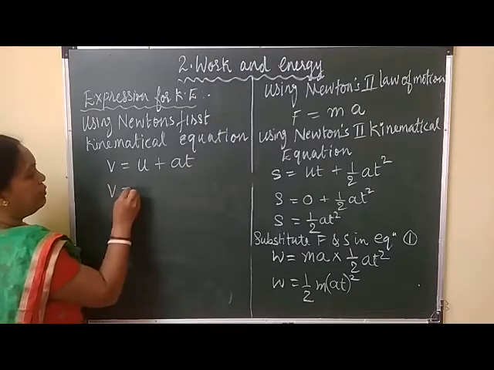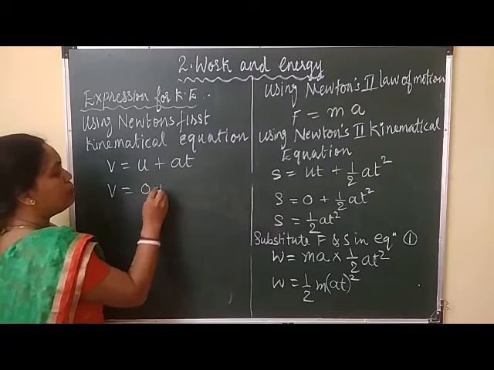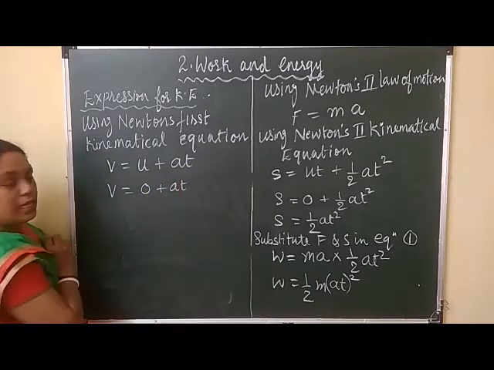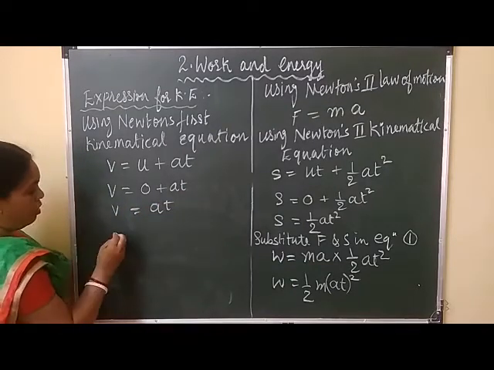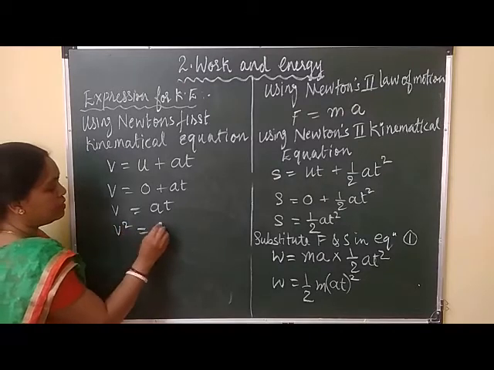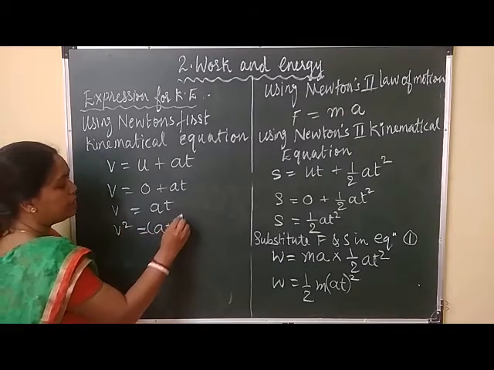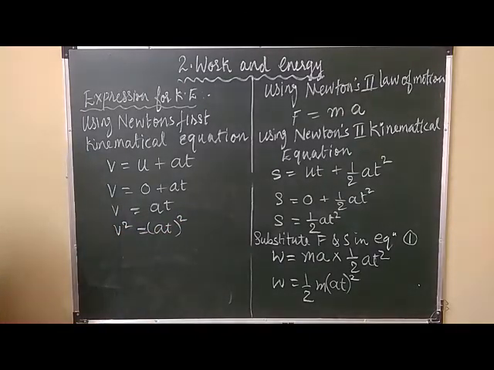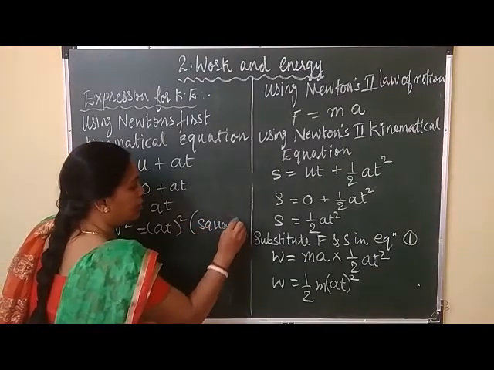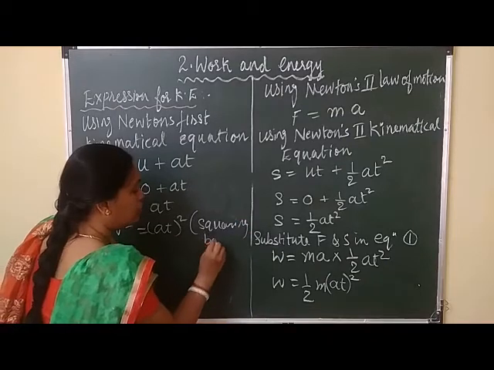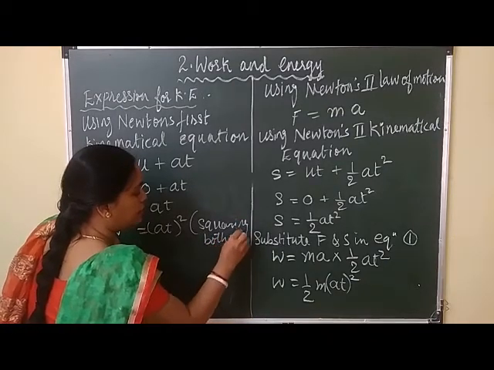So I can write v is equal to 0 plus at. That means v is equal to at. Or I can write v square is equal to at square, squaring both sides. Okay?